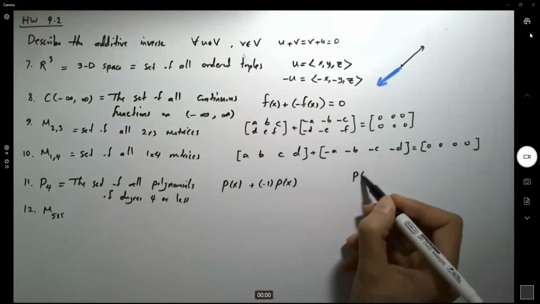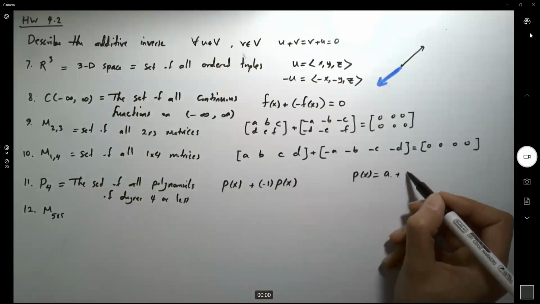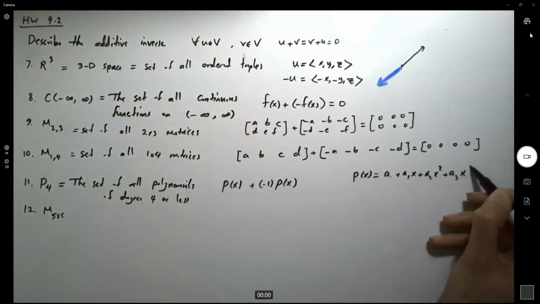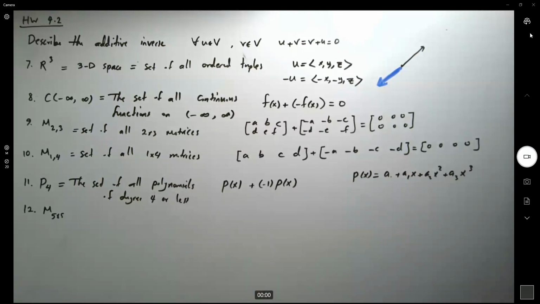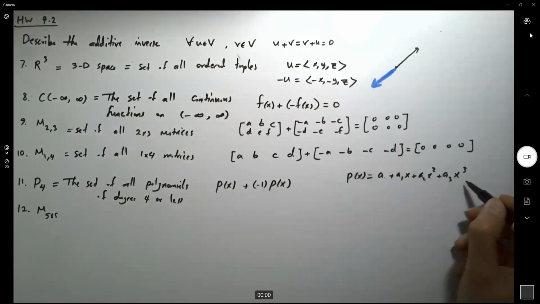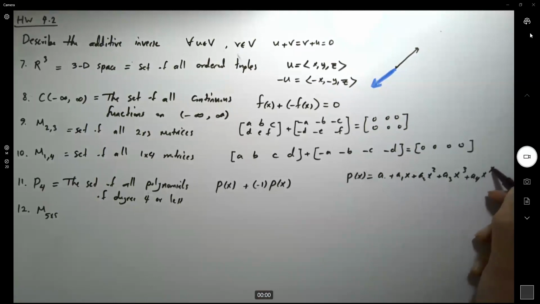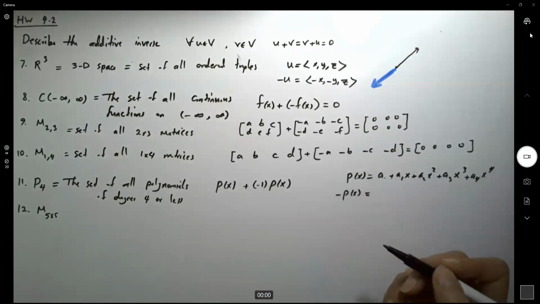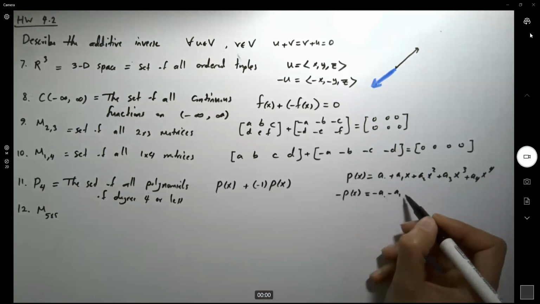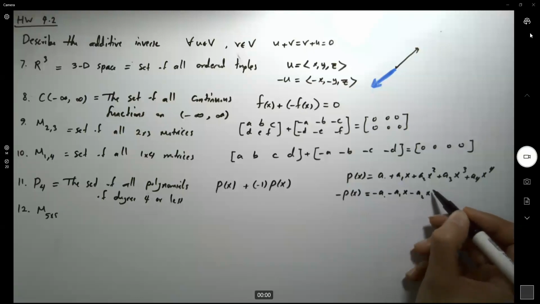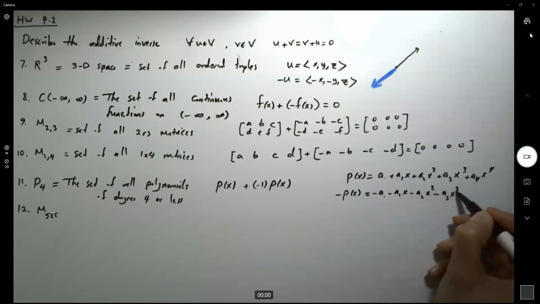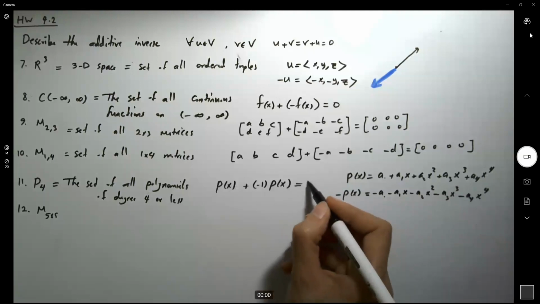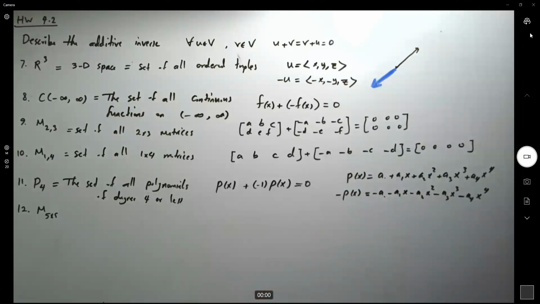So for example, if I have P of x equals a sub 0, a sub 1 x, a sub 2 x squared, a sub 3 x cubed, and since it includes 4, we're going to stop at a sub 4 x to the 4. Its negative means that you are multiplying the polynomial by a negative sign: negative a sub 0 minus a1 x minus a2 x squared minus a3 x cubed minus a4 x to the 4. All right, if you add these together, you get the 0 polynomial.